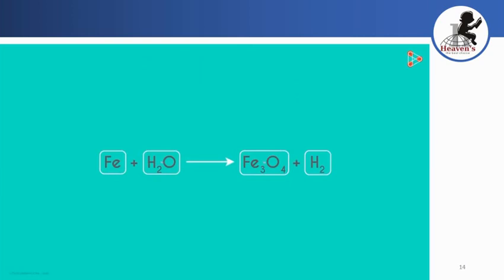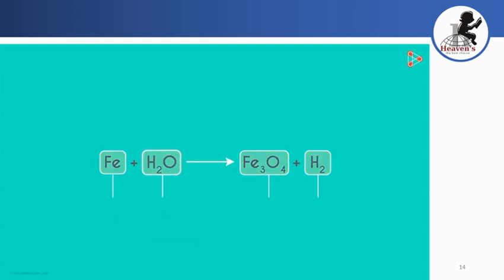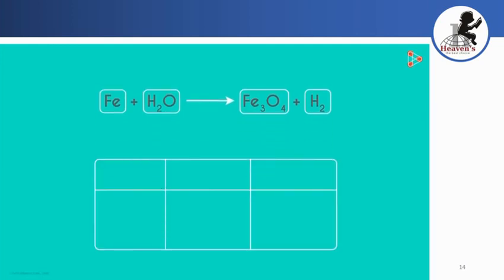We have 3 different types of elements, and by observing the number of atoms on both sides, they are not equal. So it is not a balanced equation. That means it is an unbalanced chemical equation.